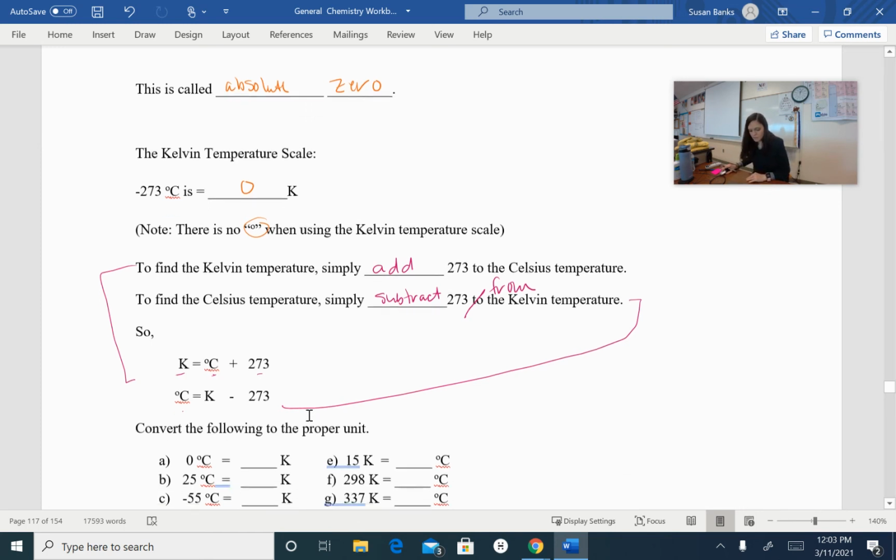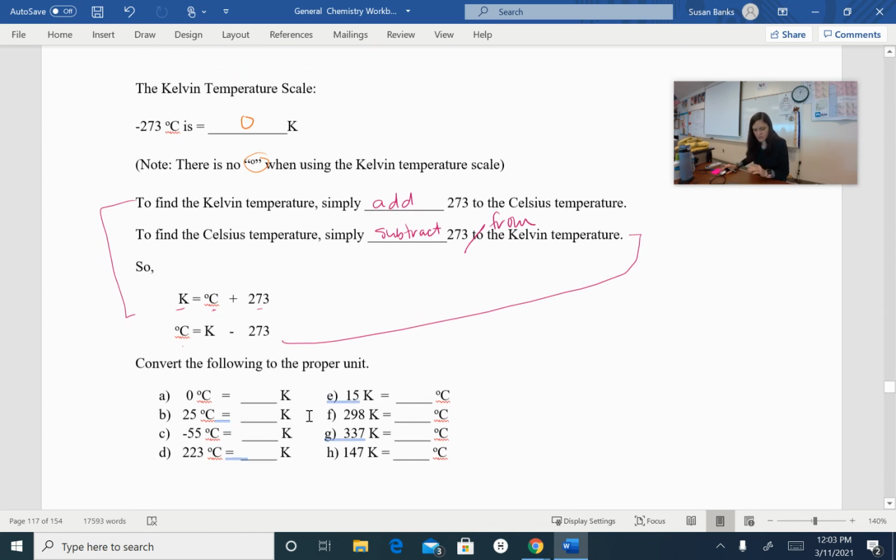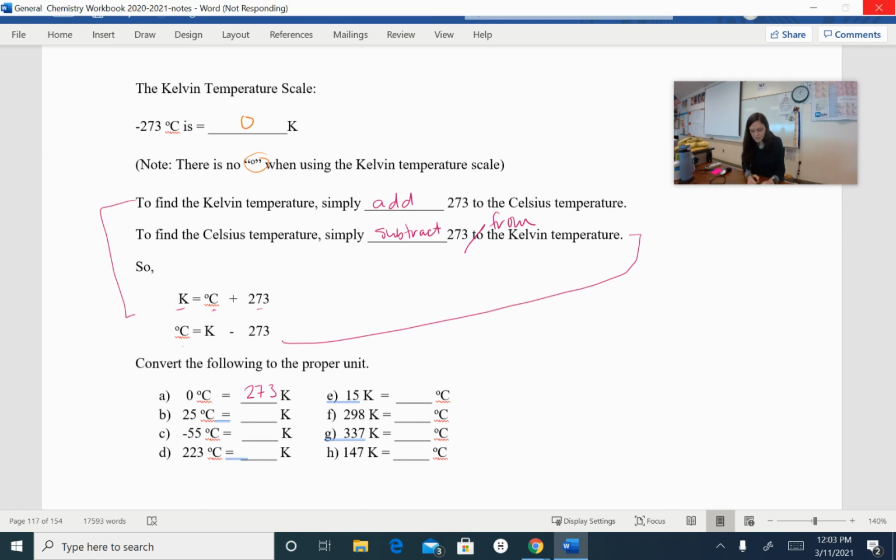Okay? So if I have 0 Celsius and I want to go to Kelvin, I'm going to use this first equation. I'm going to add 273. So 0 plus 273 is 273. Okay? I have Celsius and I want Kelvin. So I'm going to use that first equation.